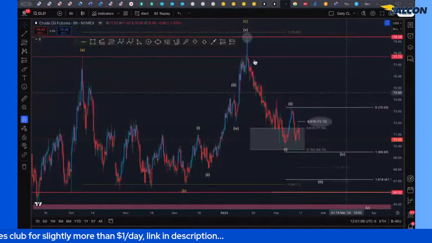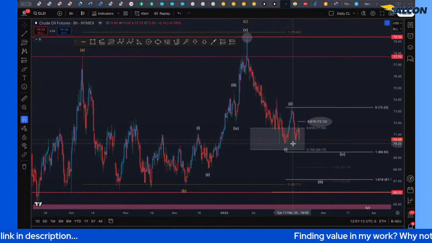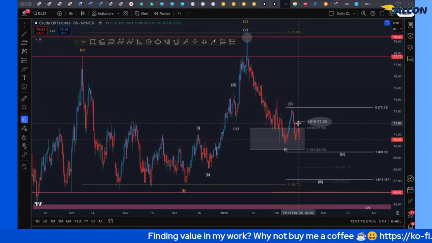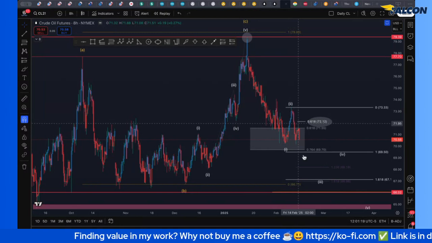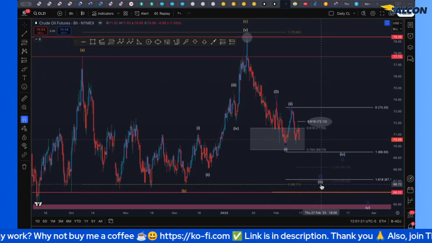The idea here is this is wave 1, wave 2 is done, and then now we have potentially another 1, 2, which is what we'd expect to see inside of wave 3 in an impulse, if that's what this is.